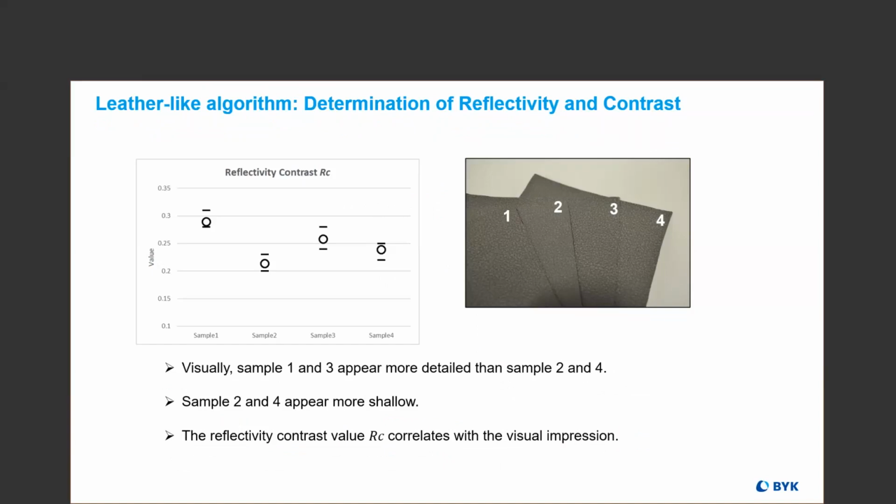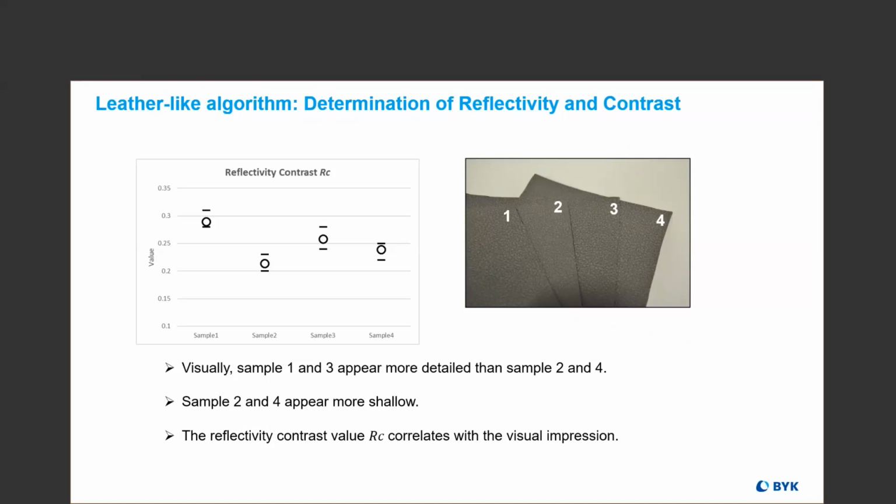And if we look at the picture of those same 4 samples to the right, to me, samples 1 and 3 appear to have the most depth or the most texture. Sample 4 has a little less, and sample 2 appears the most shallow. And if we look at those RC numbers, the reflectivity contrast numbers, we see that this data correlates with this visual impression pretty well.